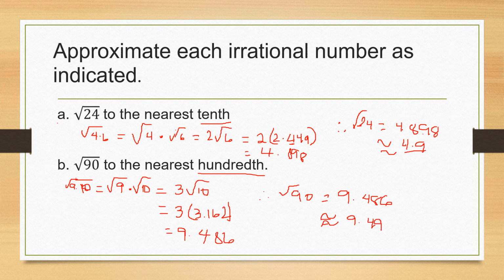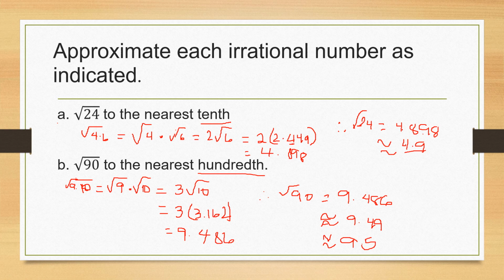Okay. Kasi 6 ito, higher than 5. So, idagdag natin yung isa dito. So, it becomes 9.49. Or, approximately, it's almost 9.5. Okay, so it's almost 9.5.